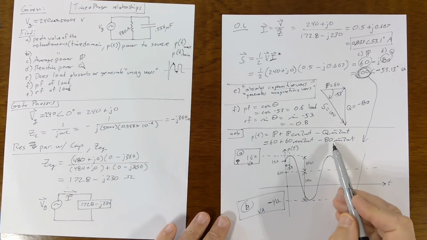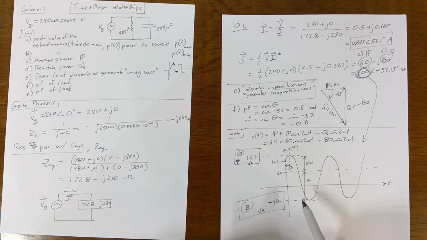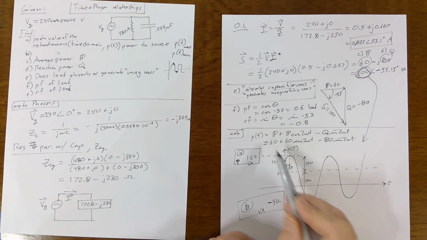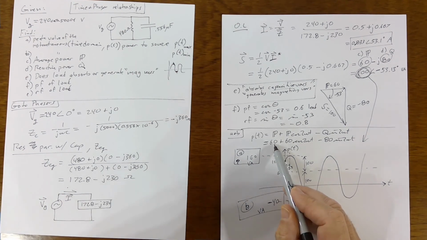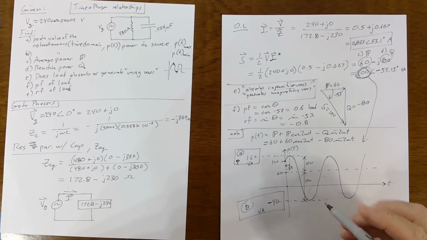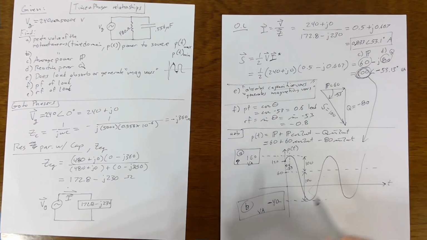All right, so not what you might expect, the shape of the sine wave here, but it has an average value of 60 given by this, and has a peak of 100 given by the S thing. This 60 is the average power. That's what's doing work.